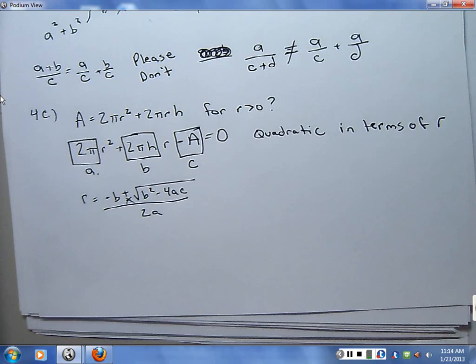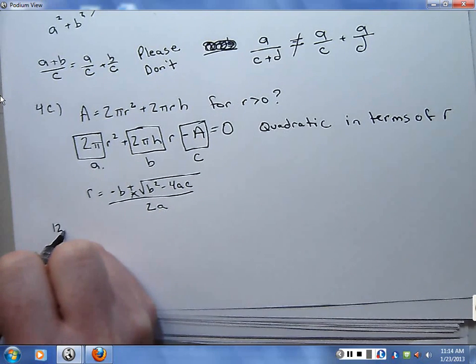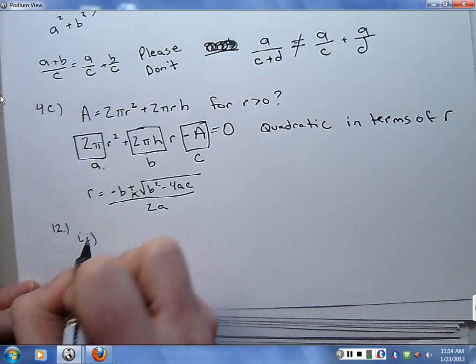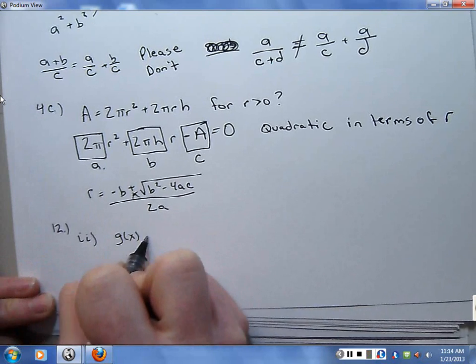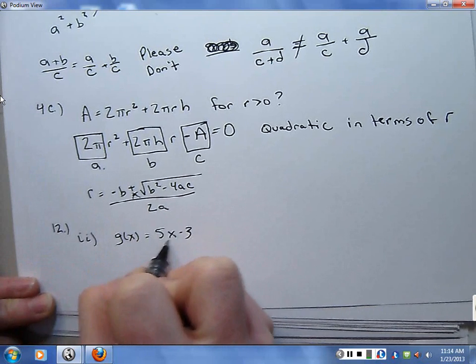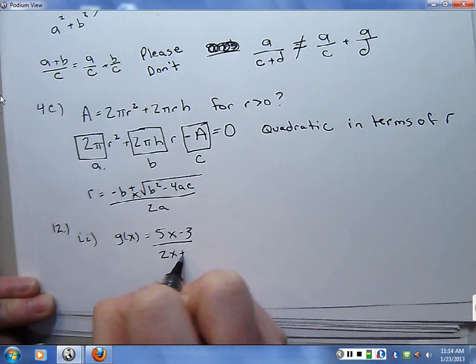Question? Yeah, on number 12, part 2, finding the range of. Mm-hmm. Yeah. So we have number 12, and we have the function g of x equals 5x minus 3 over 2x plus 1.